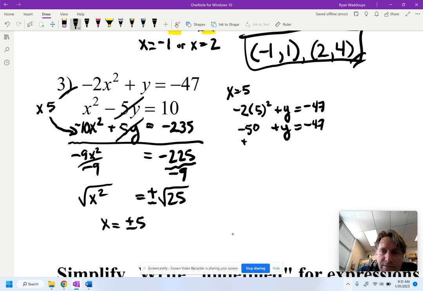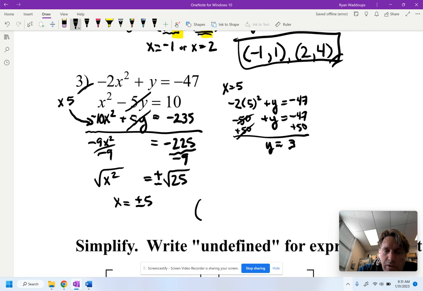Then I'd add 50. Y then is equal to 3. And so one of my solutions is the point 5, 3.